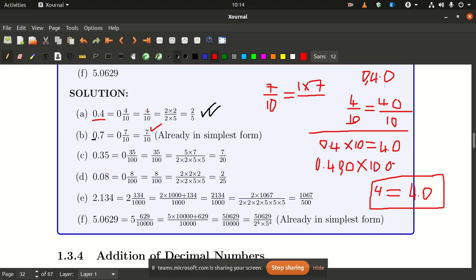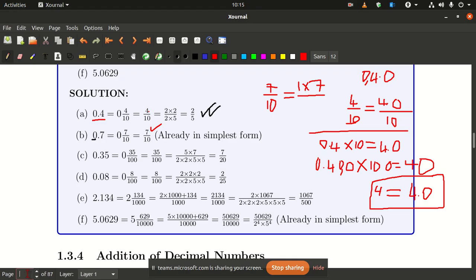So this one is supposed to be a 40. I hope you get this. It's not hard. When you are dividing by 100, you are moving the decimal to the left 2 times. When you're multiplying by 1,000, you're moving the decimal 3 times. That's what I want you to actually get.